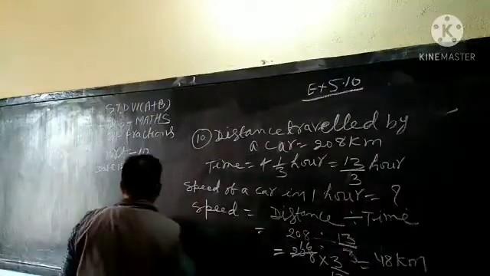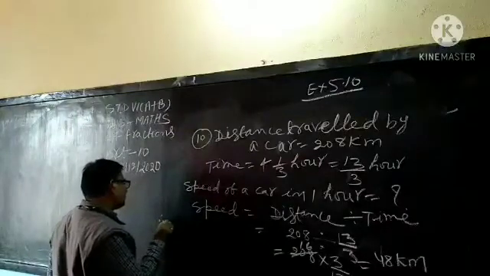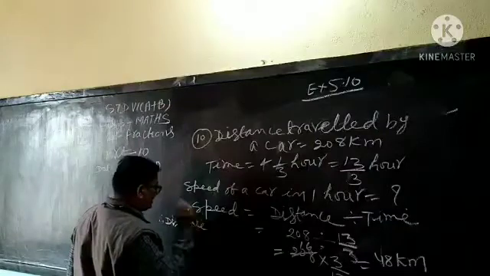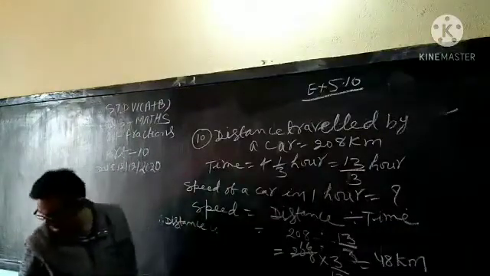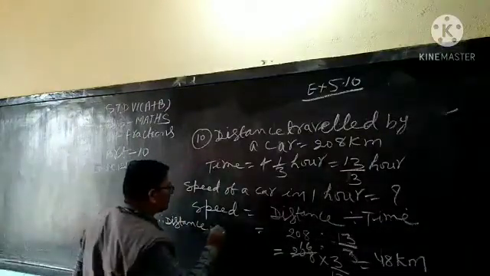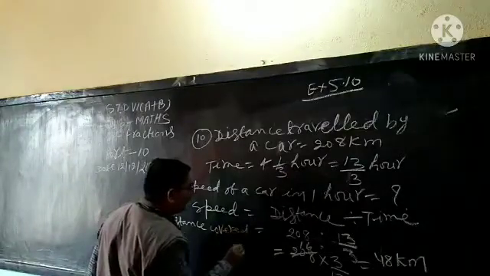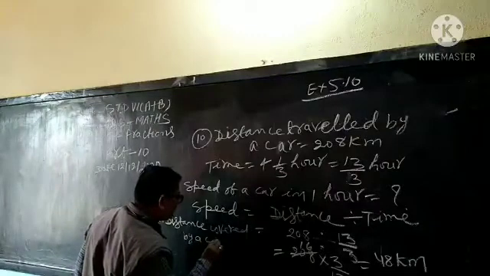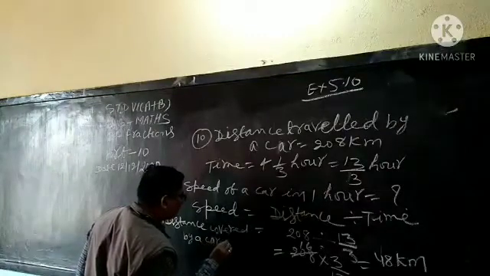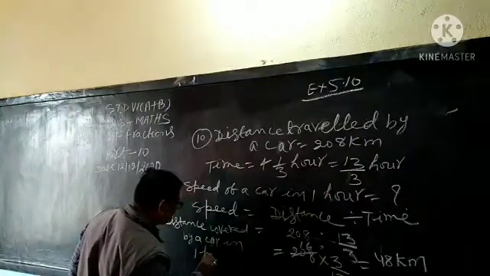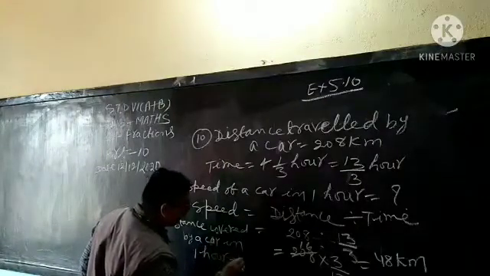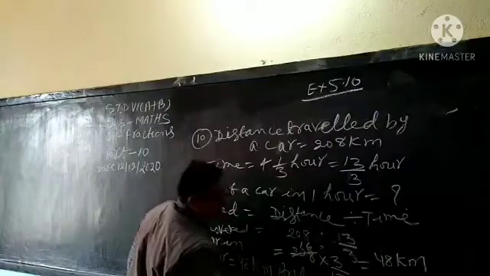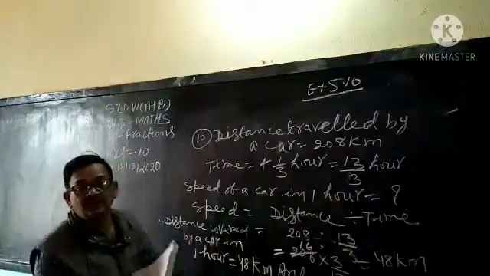What is your answer? Therefore, the distance covered by a car in 1 hour is equal to 48 kilometers. This is your answer. Clear?